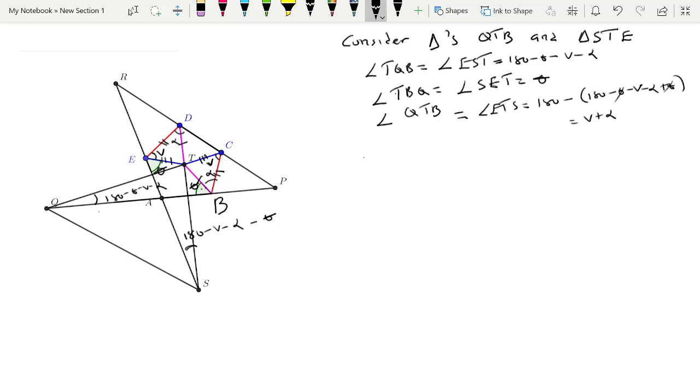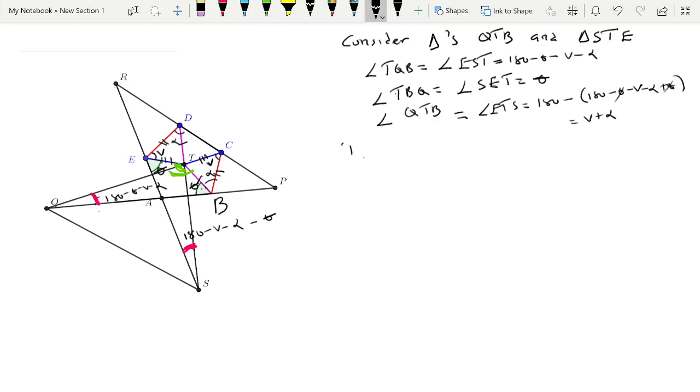So automatically, since these three triangles have the same angles, let me mark the equal angles.